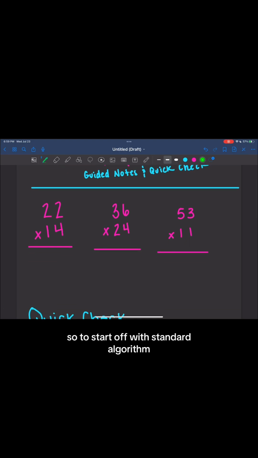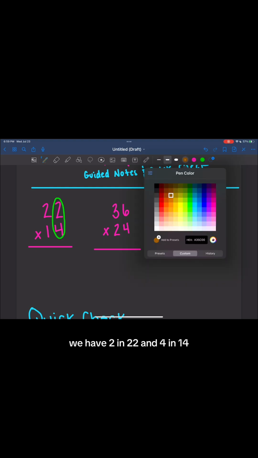To start off with the standard algorithm with 2-digit by 2-digit numbers, we are first going to look at our ones place. For our first problem, we have 2 in 22 and 4 in 14.